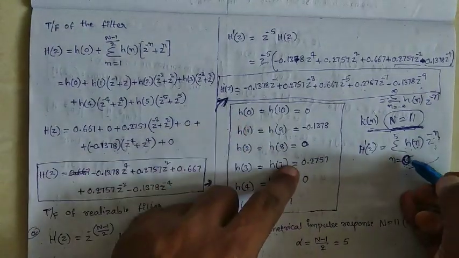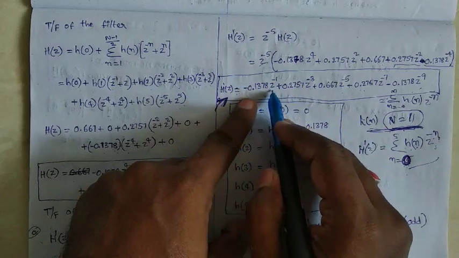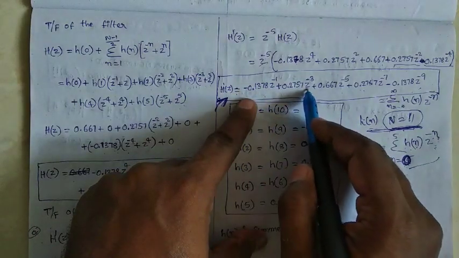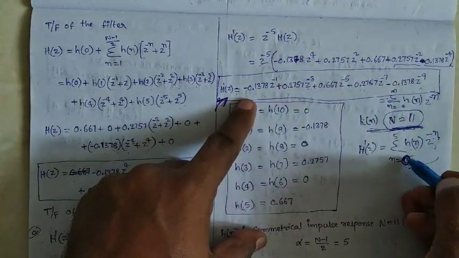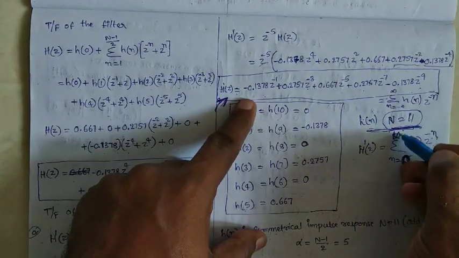Sorry, here it is the causal filter. Here observe the powers of z, negative powers of z, means n is equal to 0 to capital N minus 1, means 10.